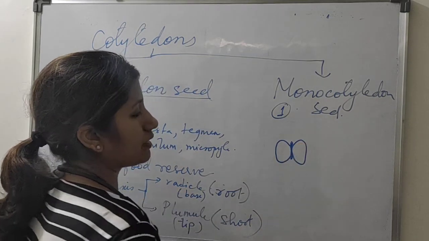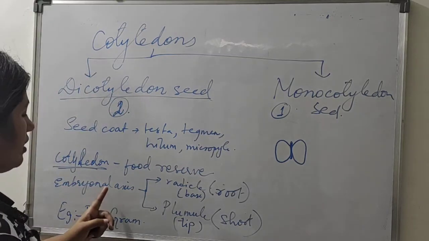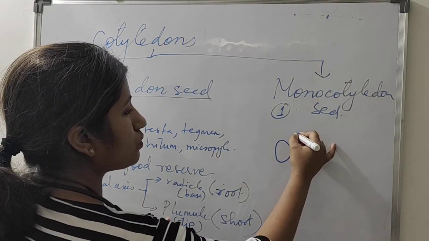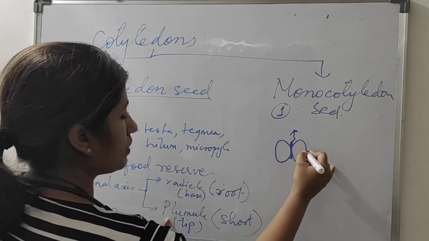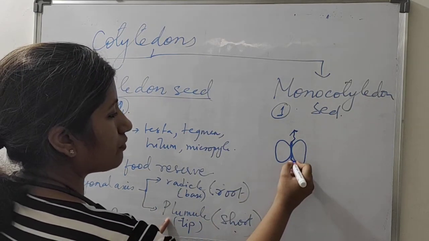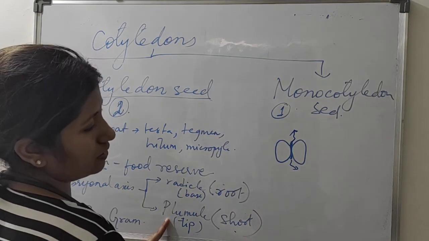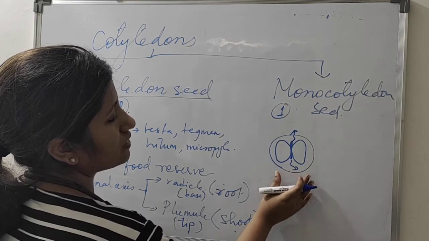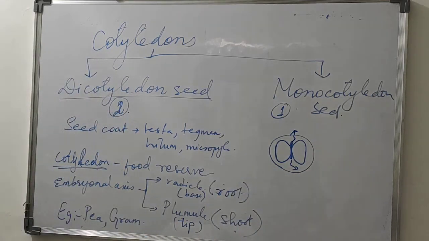The embryonal axis has two parts, radicle and plumule. The tip portion from where the shoot will develop is plumule, and from where the root will develop is radicle, and this is covered by the seed coat. So this is a dicotyledonous seed. Okay, example pea, gram.